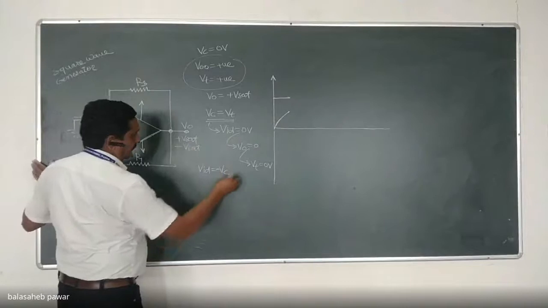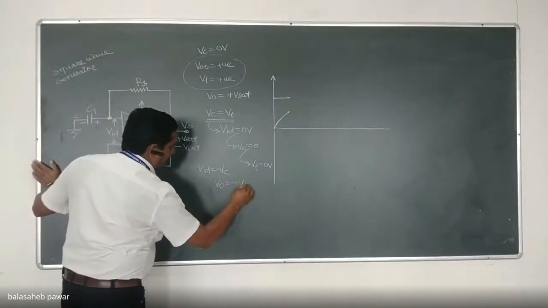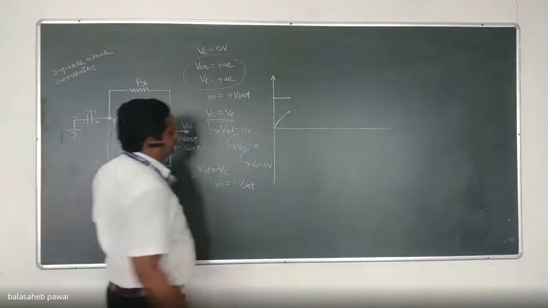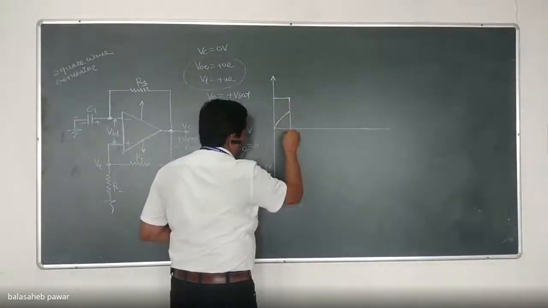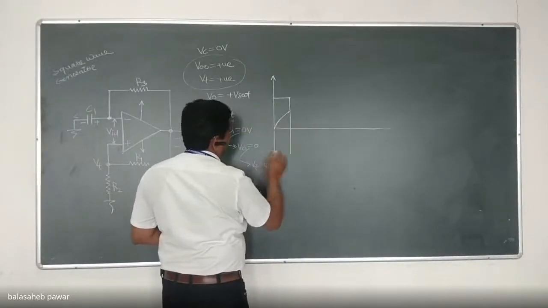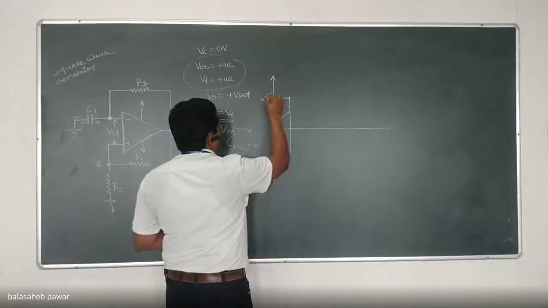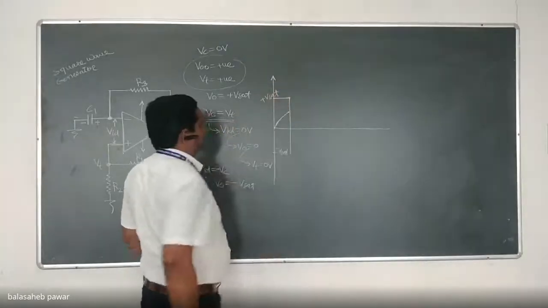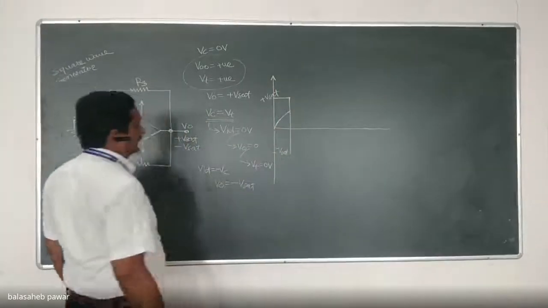Correct? Now again I will write here VO, it will get switched to minus VSAT. So see that the output voltage immediately gets forced to minus VSAT. This is nothing but plus VSAT. Correct?